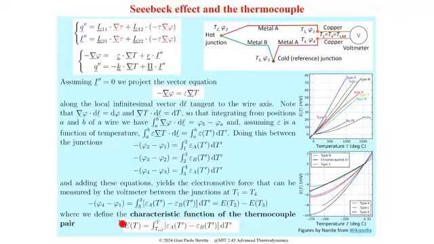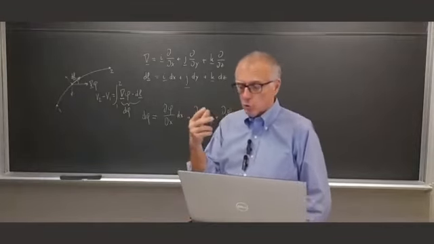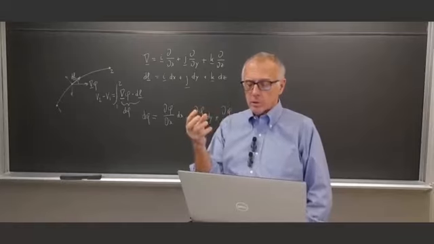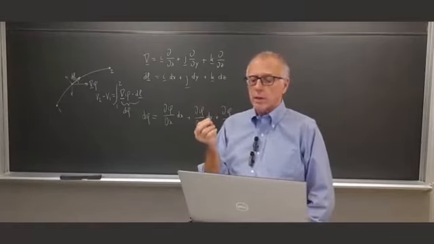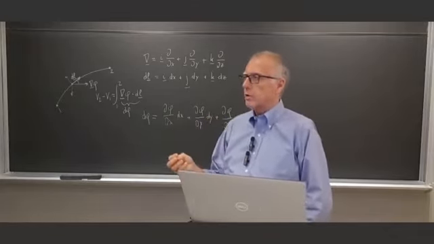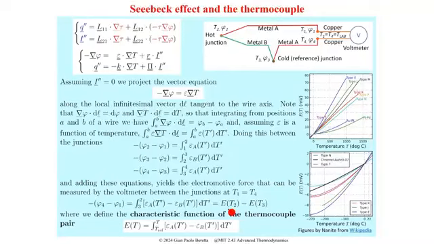This function here is the function that you determine when you calibrate in your lab. When you buy a thermocouple, you should do calibration, or maybe you buy it certified so that it comes with a calibration. And calibration is that somebody has actually measured this for your thermocouple.